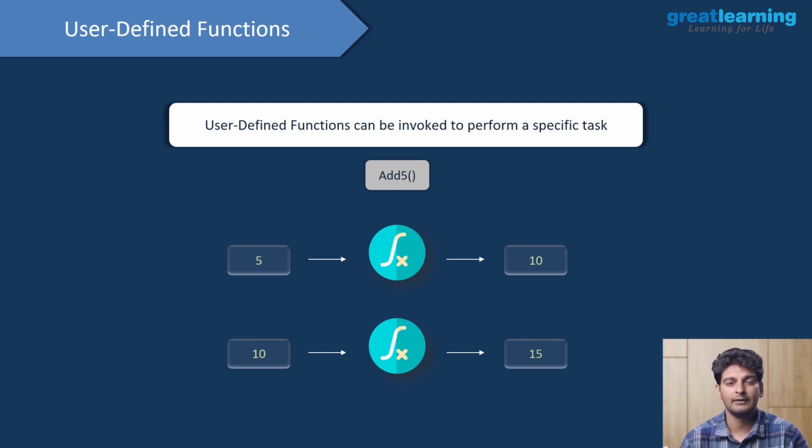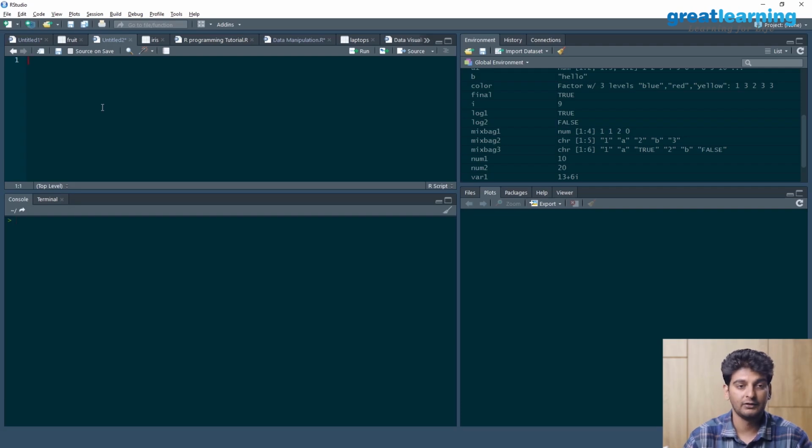Functions are used to perform a specified task, and whenever you invoke the function, that task can be implemented again and again. And this is the syntax to create a function. You will use the keyword function, and inside this you will pass in a parameter which is x, and inside the body you will type in what this function is supposed to do.